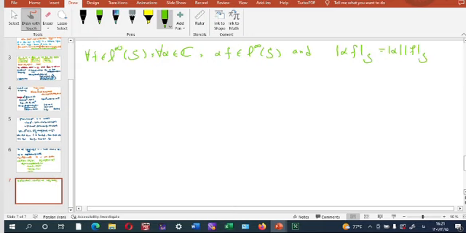These two are very easy since f is an element of L infinity. There exists a real number M such that for any s in S we have this inequality.